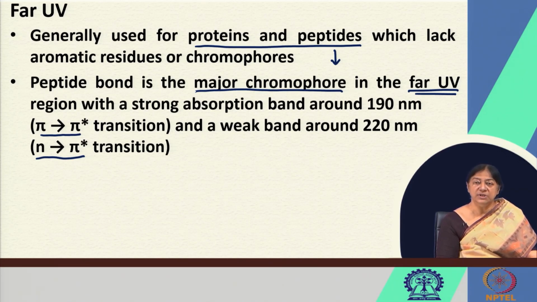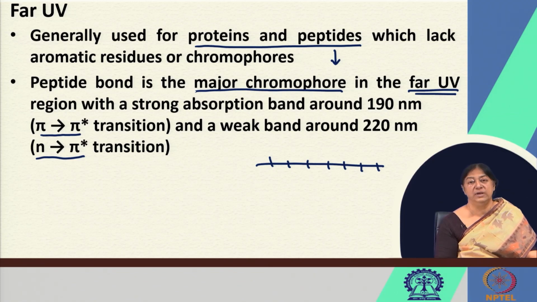In all proteins, as we will see in the next lecture when we study the formation of the peptide bond, this peptide bond is present throughout. So, with a lot of these peptide bonds present, we are going to have a large absorption band at 190 nanometer and at 220 nanometer.